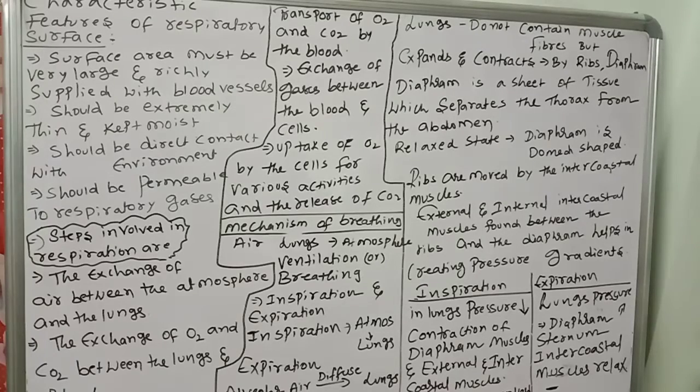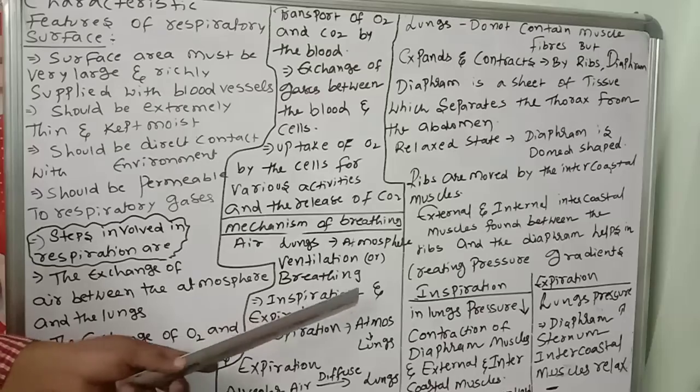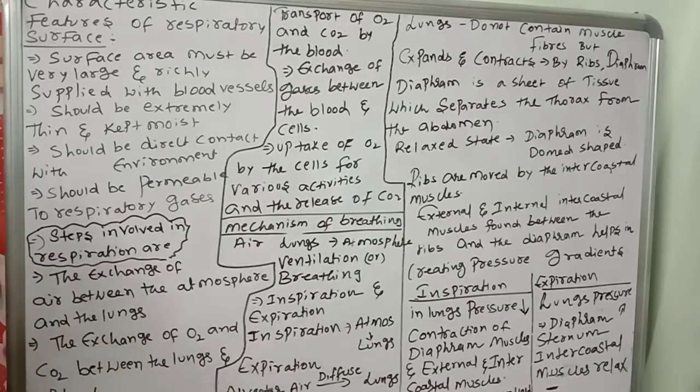So what are the main steps in breathing or ventilation? There are two important steps: inspiration and expiration. What is inspiration? You should remember that inspiration means the atmospheric air enters into the lungs.